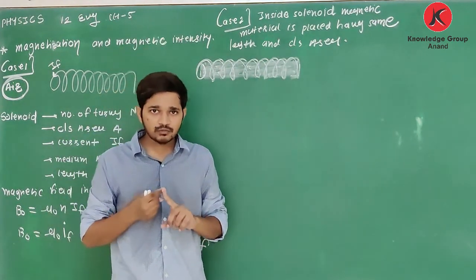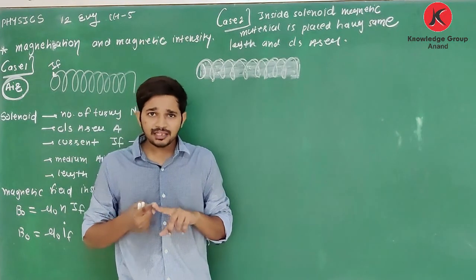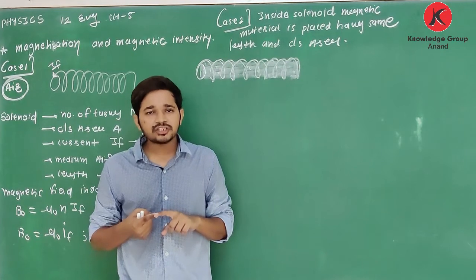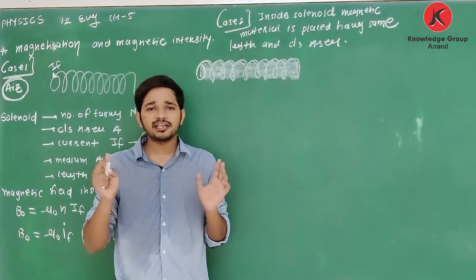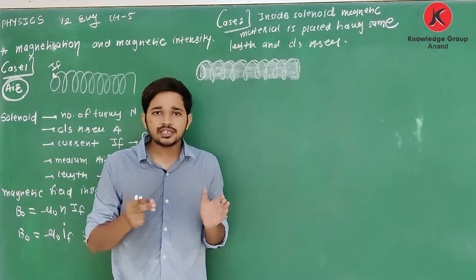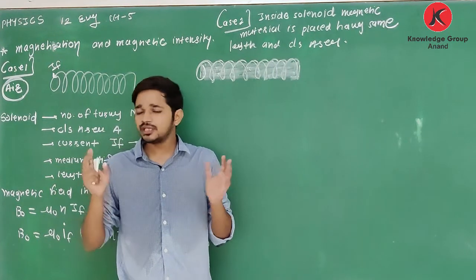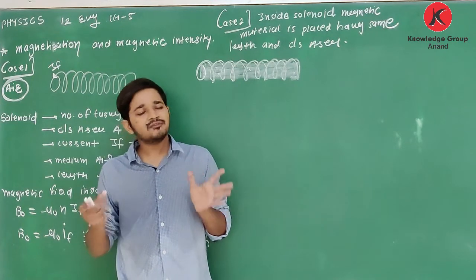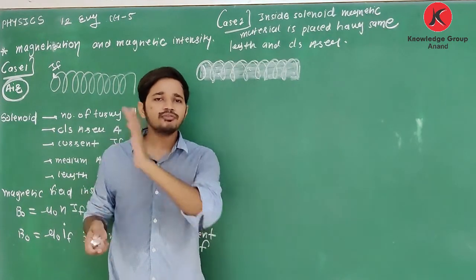Again, electrons are revolving, so they have some magnetic moment. Vector addition of electron magnetic moments gives the magnetic moment of an atom. Vector addition of the magnetic moments of atoms gives the resultant magnetic moment of a molecule, and then finally it gives the magnetic moment of the material.